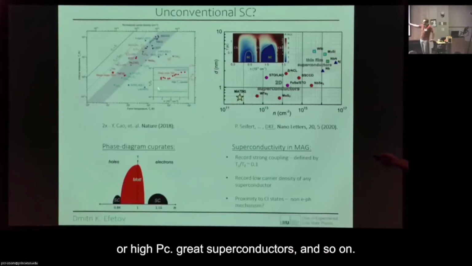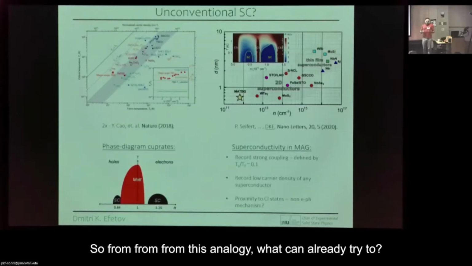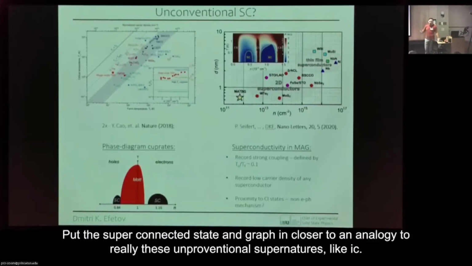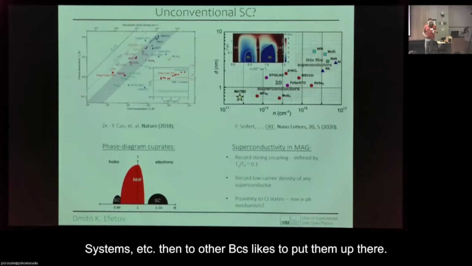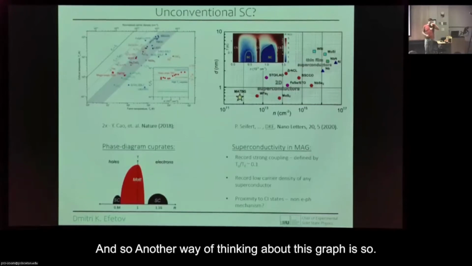It's actually even higher than, for example, high temperature superconductors like heavy fermion systems or high-TC cuprate superconductors and so on. So from this analogy, one can already try to put the superconducting state in graphene closer to these unconventional superconductors like high-TC systems, etc., than to other BCS-like superconductors.